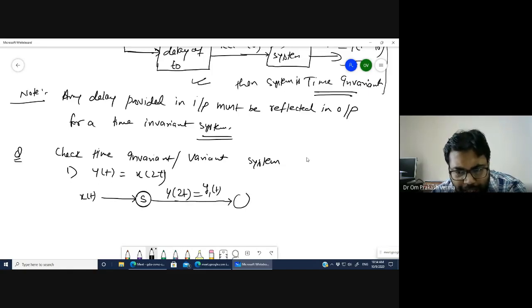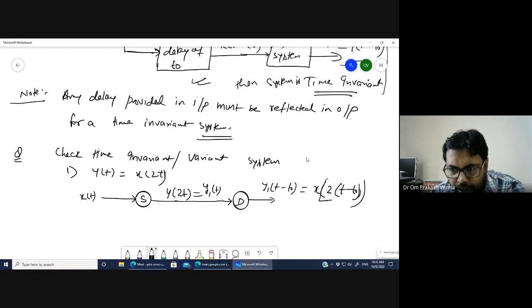Now provide the delay, and then this delay will provide y1(t minus t naught), and it will provide y2(t). Y of 2t will have the delay. What does y2(t) delay mean? It means x of 2, right? T minus t naught. This is the delay in the time.